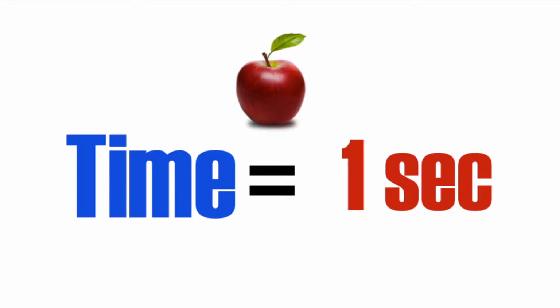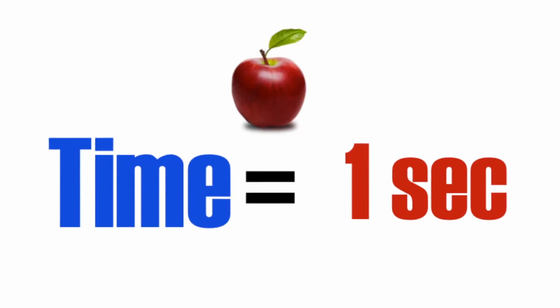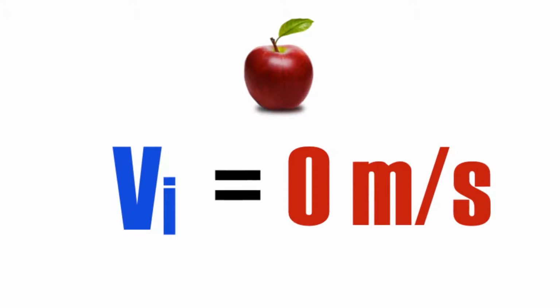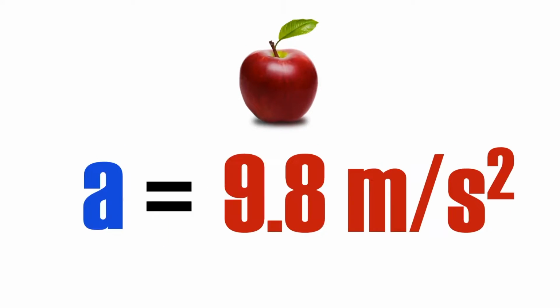Neglecting air resistance and using the time from the video, we can determine that it took 1 second for the apple to reach the ground. And since I dropped the apple without an added velocity, the initial velocity is 0 meters per second. Finally, we know that the acceleration due to gravity is 9.8 meters per second squared.